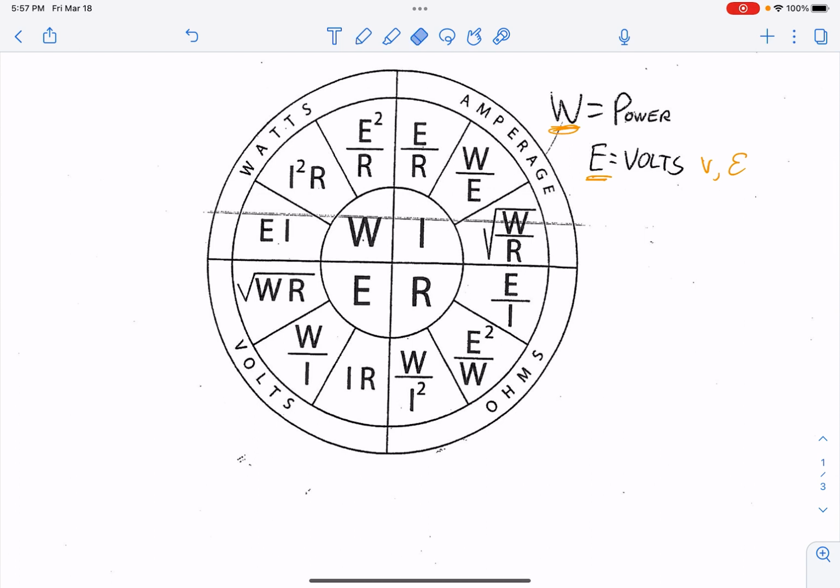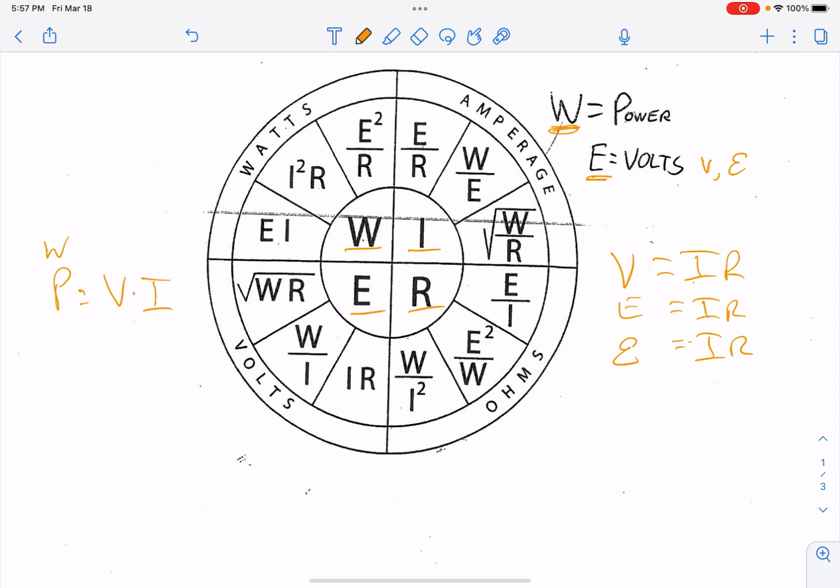If you remember that V equals IR, which could also be E equals IR, or script letter E equals IR, as well as the fact that your power equals voltage times current. And of course, they're using W instead of power. That's how they get all of these substitutions for the different terms of power, current, resistance, and volts.